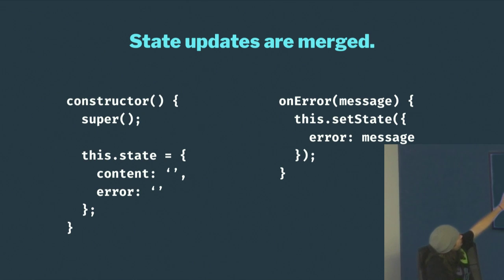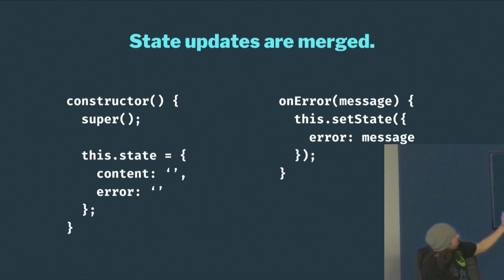So here, it looks like I'm modifying state directly, but this is the constructor. This is actually how I'm defining the initial state of the application. I set the state here to be an object that has values content and error in it. This would be a constructor that I would use in my header to define the content that is currently typed into my tweet box, and also an error that would be shown in the status bar if someone typed in something too long or too short.